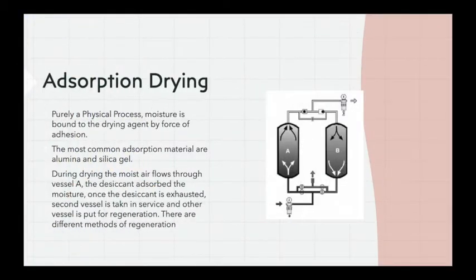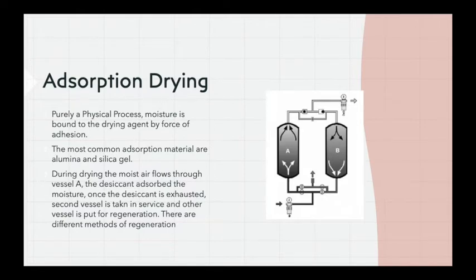In adsorption type drying, there is a simple physical method which helps in separating the moisture from the compressed air. What we do here is use certain compounds which have a high affinity for water, which are silica and alumina.